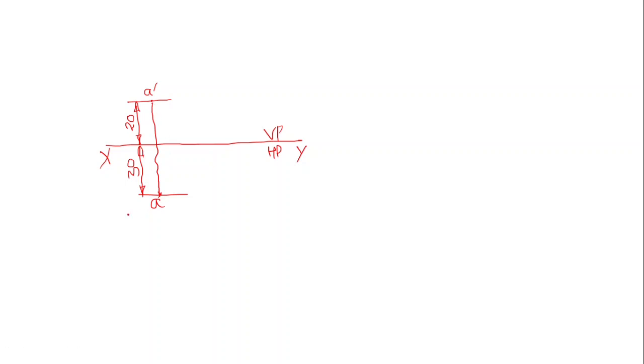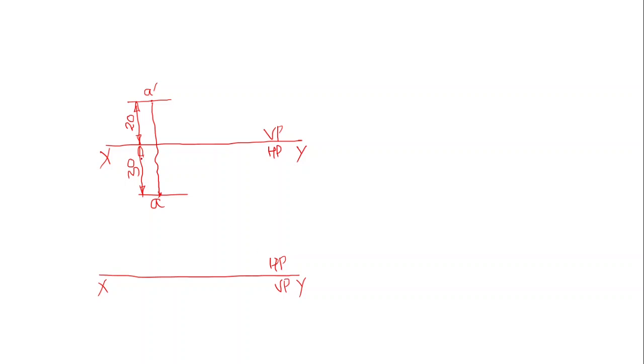Then in the case of the third quadrant, this figure is exactly opposite to that of the first quadrant, because in the third quadrant HP is above the XY line and VP is below the XY line.